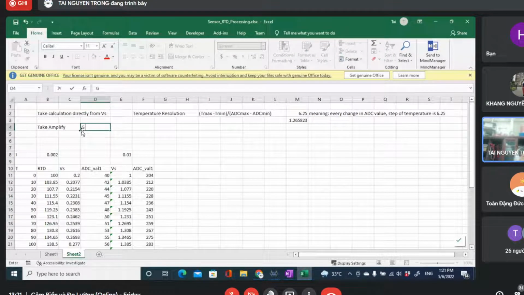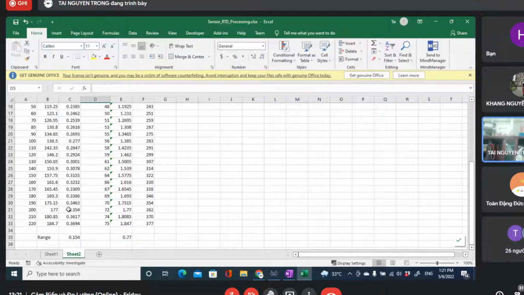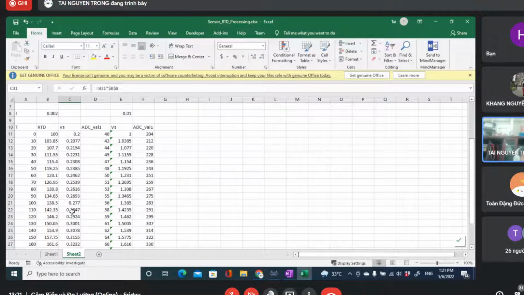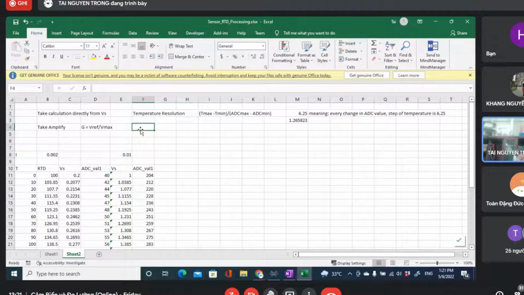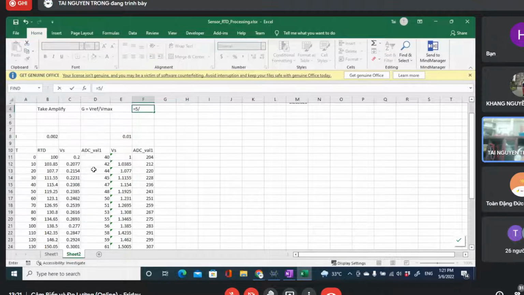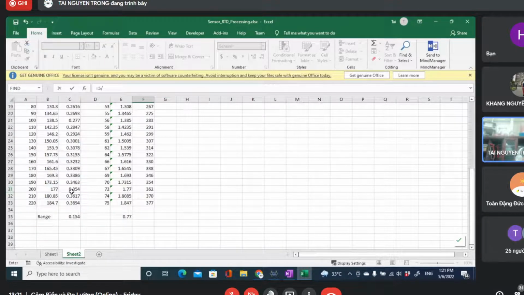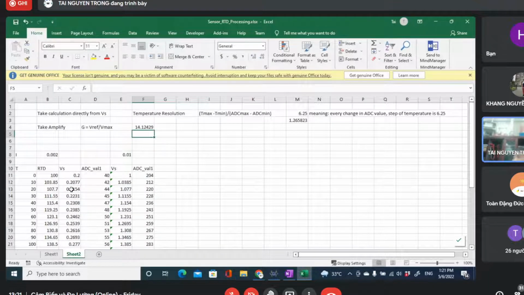Okay, and then we have again the gain. In this case, I assume that I am using this circuit, and the gain will be equal to 5 volt divided by this voltage value. Okay, and in this case, the gain is around 14.